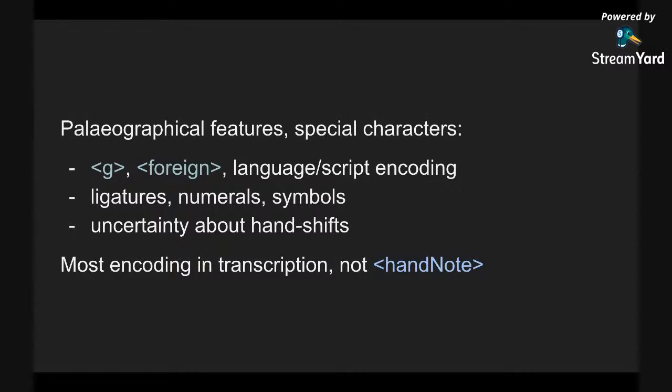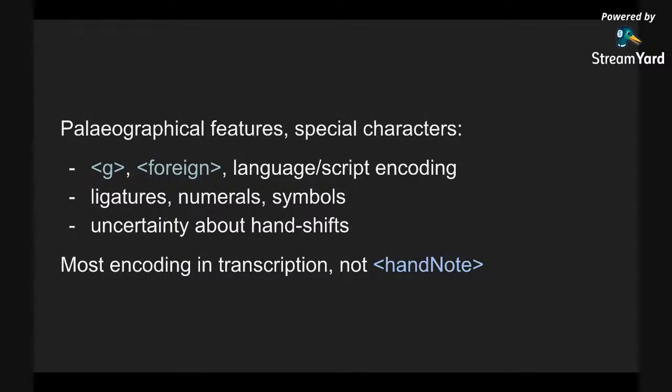You might want to tag as foreign if you want to display characters differently than the default script, or if you need to use special fonts for them, or if you just want to record them as being in a particular language or script. Making a difference between the Greek characters, the Latin characters, or the difference between cuneiform characters and hieroglyphic characters in the same inscription, or something like that. So you can attach language and script encoding to some of those elements.